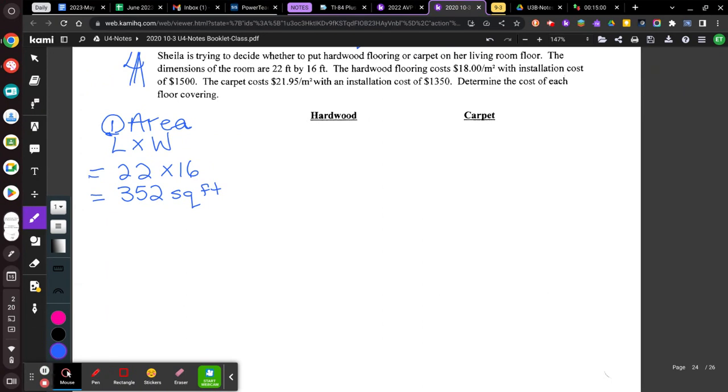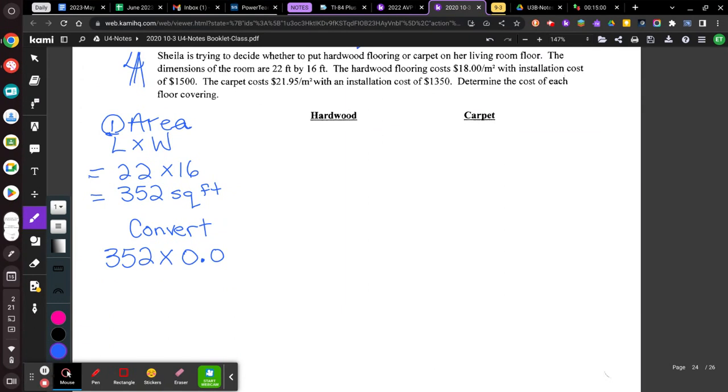So the second step is we are going to convert squared feet, 352, and we are going to times it by, from the chart, the number 0.0929.